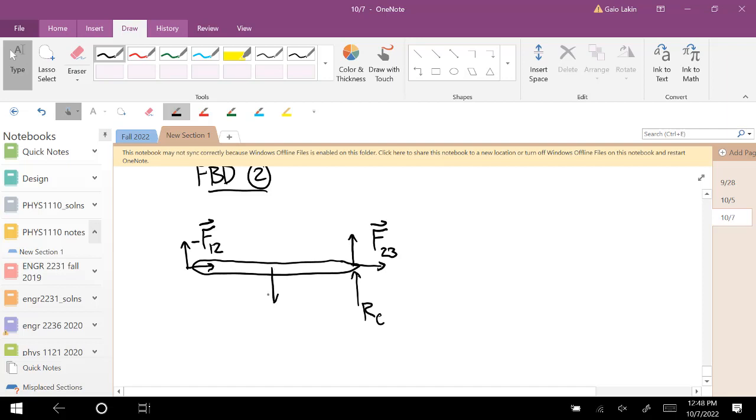And then don't forget the weight. So this is 382.4. I'm going to use this as my about point.